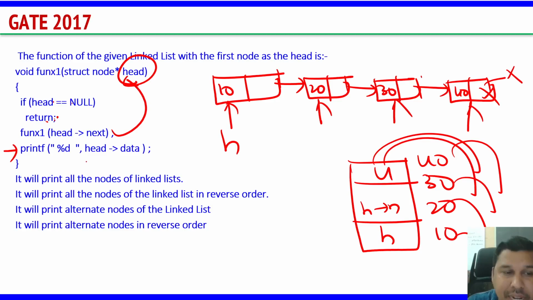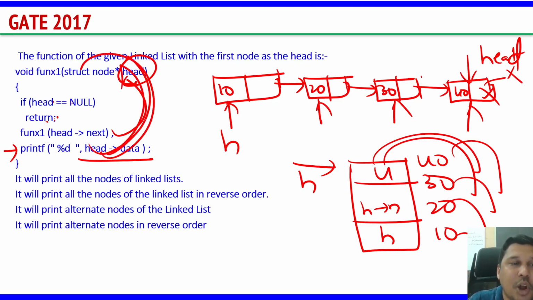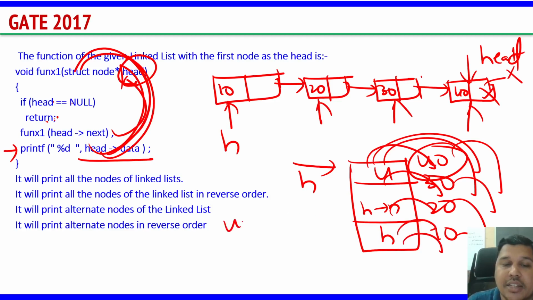So when I print the head of data, where is my head? Head is at this location. Why is head here? Because I am always passing head next, I am calling the same function. So it will store all those pointers in a head. So head is at 40 now. So head of data. Again, since it is recursion, it will keep doing the reverse process. So it will print answer 40, 30, 20 and 10.